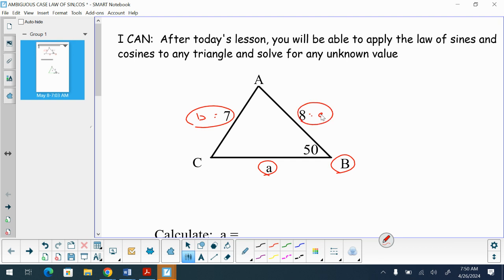So if we set up our law of sines equations, we have the sine of angle A over little a equals the sine of angle B over little b, which equals the sine of angle C over little c. Our law of sines equations that we worked on and developed yesterday.